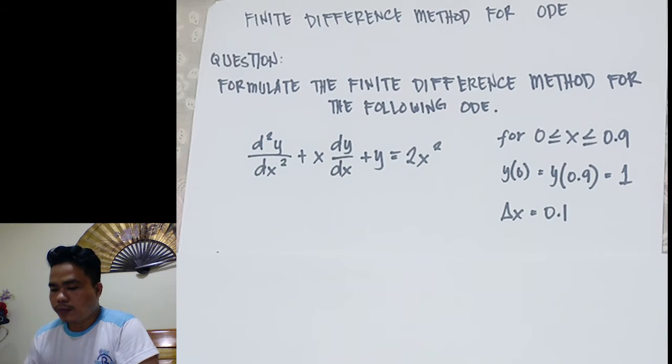Good day everyone. In this video is about finite difference method for ODE, and we solve some problems. The question is: formulate the finite difference method for the following ODE.